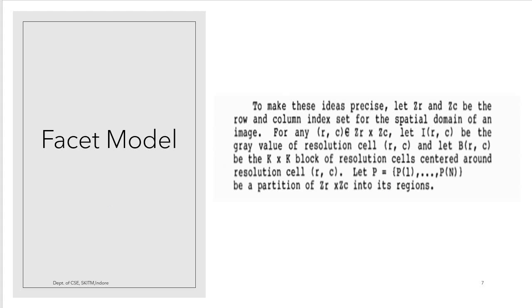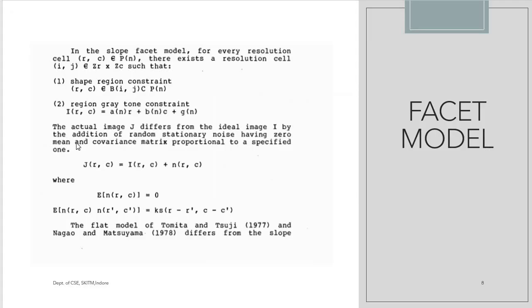Whatever our image is, we have partitioned it. So in the slope facet model, for every resolution cell R comma C that belongs to some partition Pn, there exists a resolution cell I comma J belonging to ZR cross ZC such that the shape region constraint holds: row and column belong to B of I comma J, which belongs to that partition.